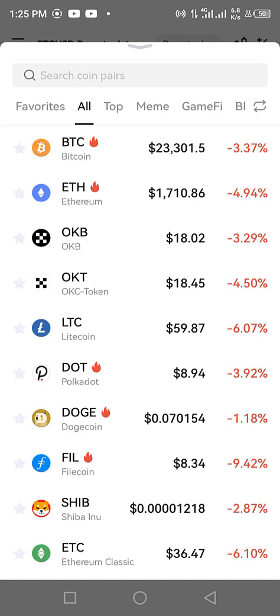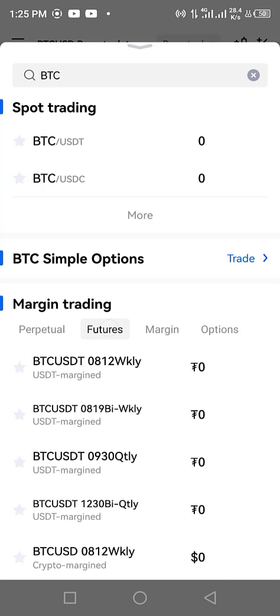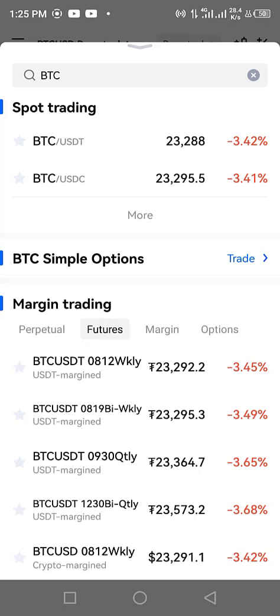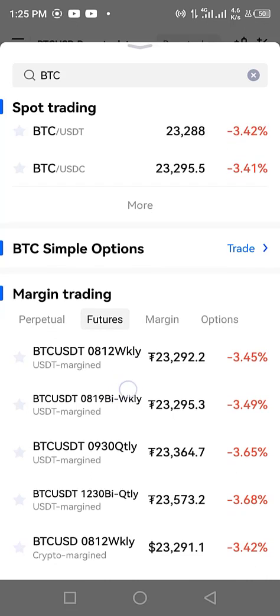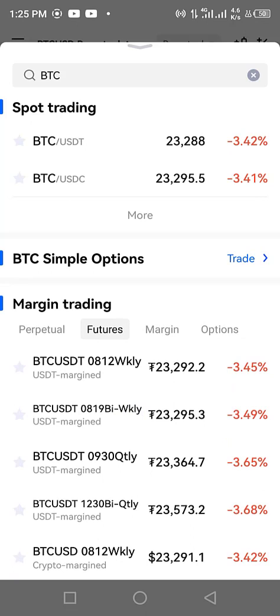And if I go back to BTC and click on futures, there's a difference between futures here on the OKX platform, unlike what we have on Binance, and perpetual. If you look at futures here, we have BTC USDT 0812 weekly. What this means is that this contract actually expires. Let me explain what it means for a contract to be perpetual.